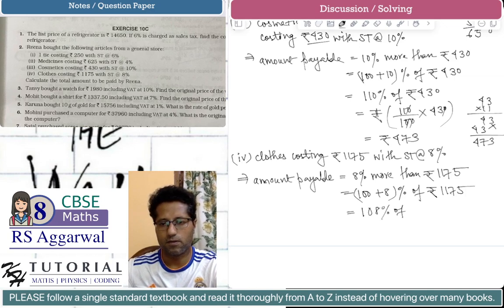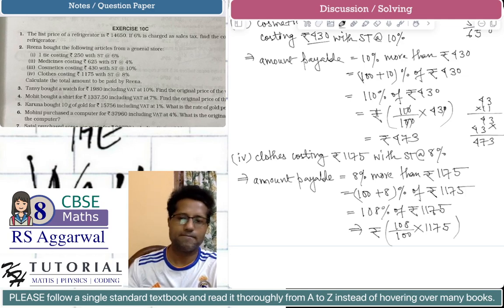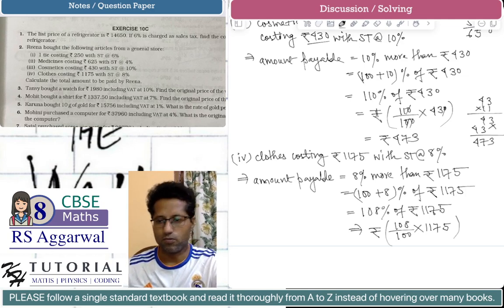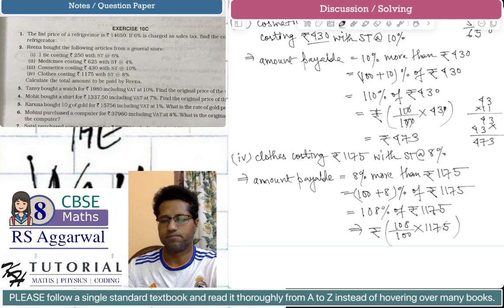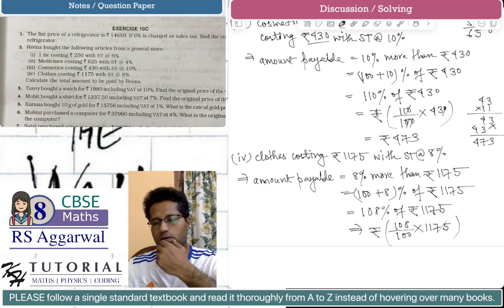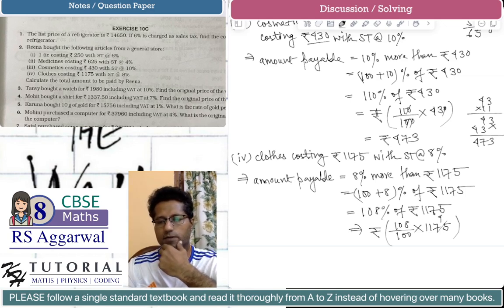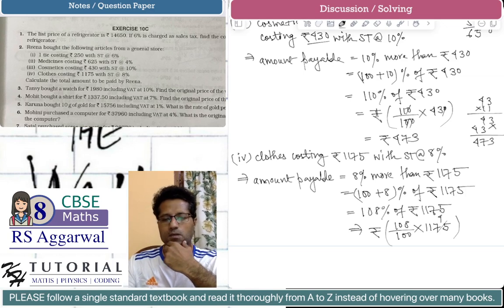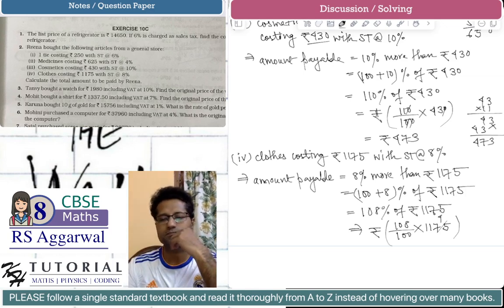108% of rupees 1175. This is equal to rupees 108 divided by 100 multiplied by 1175. I hope 25 divides 1175. Let's see. 25 times 47 is 1175, and 25 into 4 is 100.